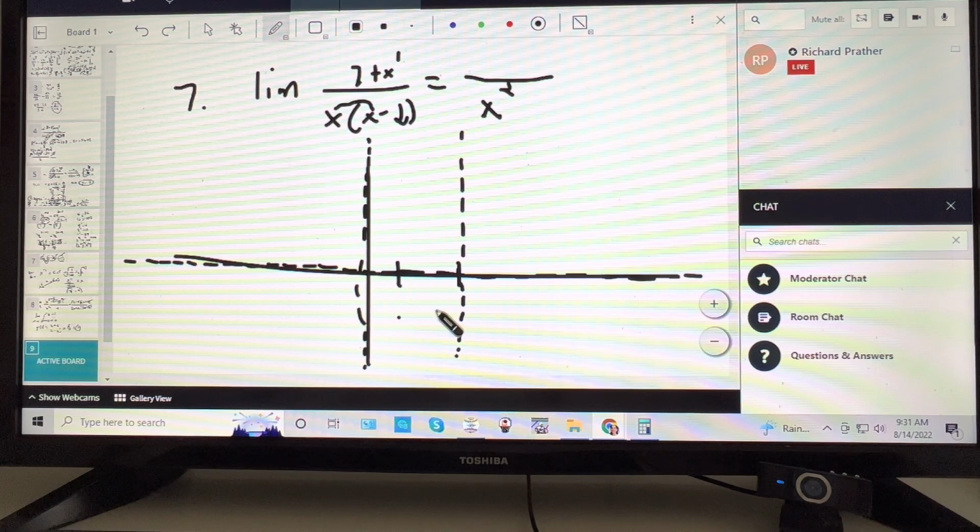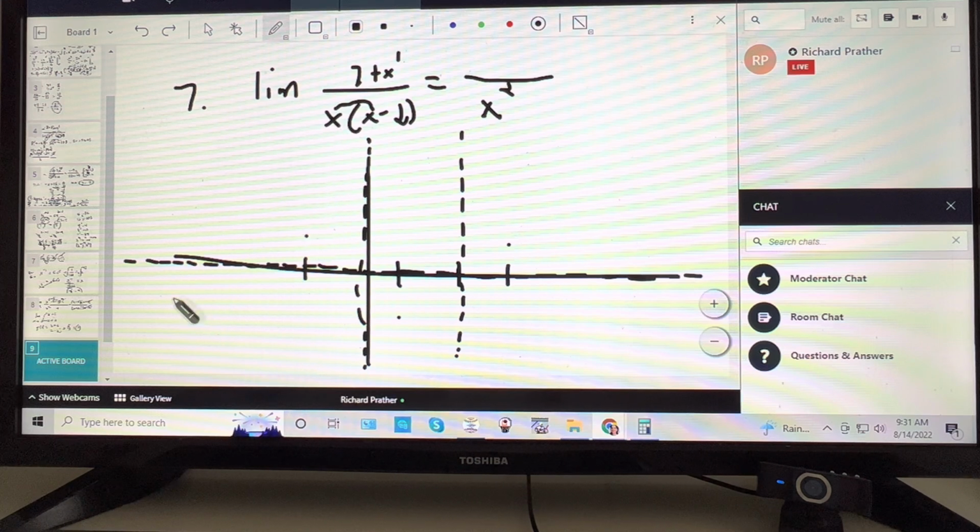And then you could try plugging some other spots in. If I plug in 3, the top would be 10, the bottom would be 3, so that's 10 over 3. If I plug in -1, the top would be 6, the bottom would be -3 times -1, +3, so that would be 2.